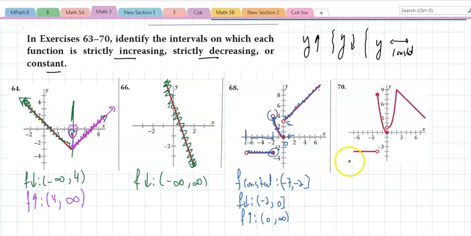The last graph, if I read it left to right, do you agree that left to right, it's constant, but this is an arrow. F is constant from negative infinity all the way to negative 2, but it's not included. After that, do you see that you jump up here and you're decreasing between negative 2, it's included though, all the way to x equals 0. So those are always x values.